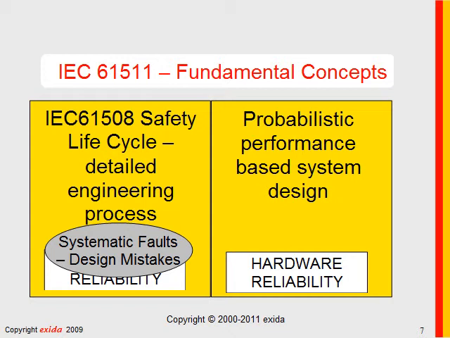And the other fundamental concept is a probabilistic performance-based system design, where we must calculate probability of failure, and in particular probability of the safety system failure to perform the safety function, and optimize our designs to meet targets based on risk reduction analysis.